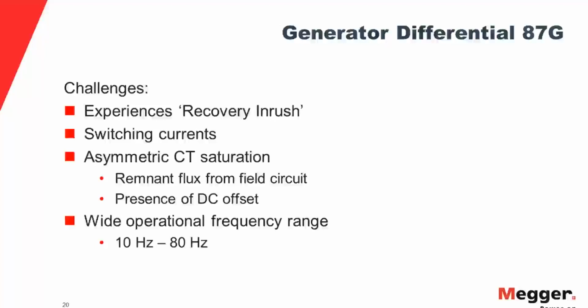It also removes the field supply, along with removing the prime mover into the system as well. So a Class A trip will pretty much disconnect the generating station, or at least a major chunk of the generating station, or at least the generator, from the power grid.